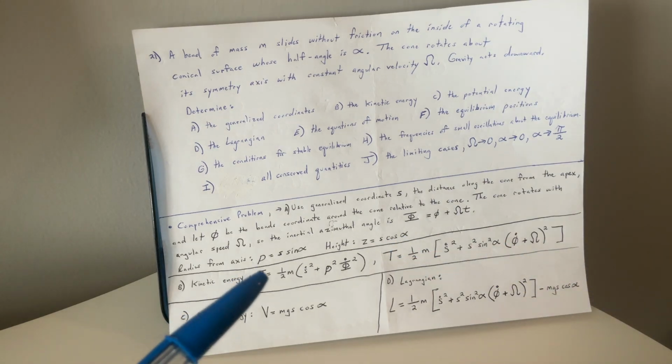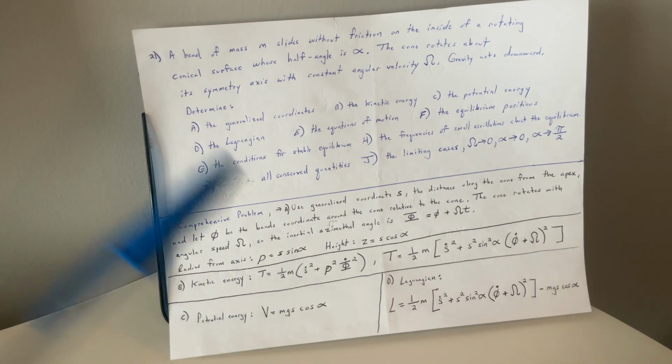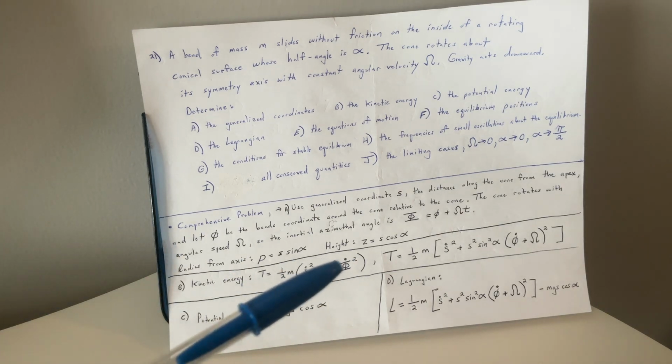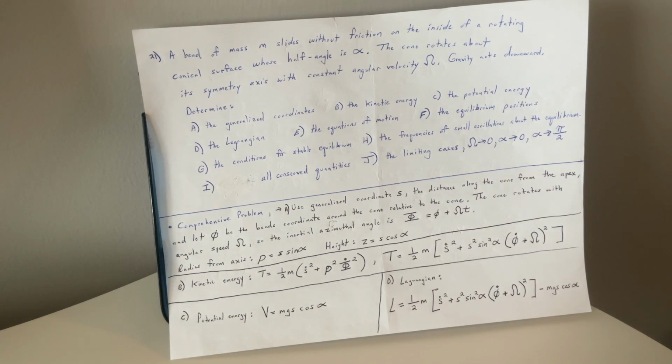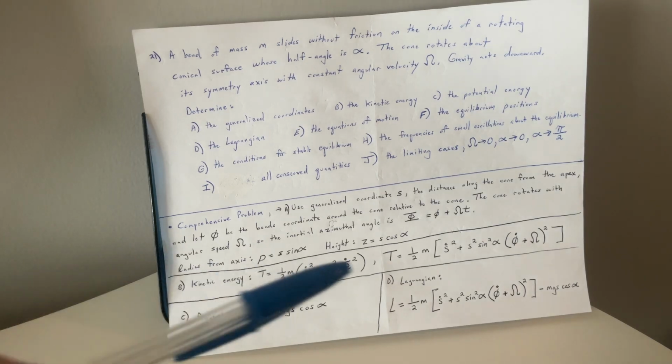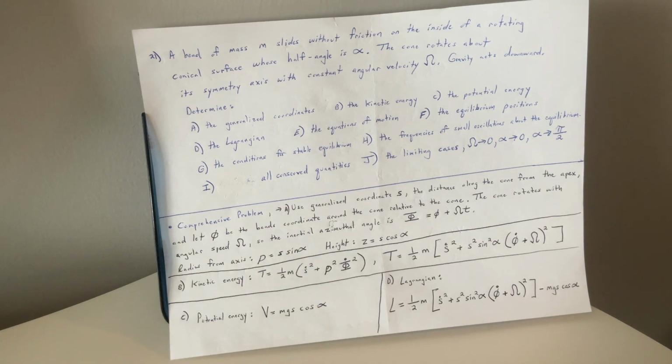For the kinetic energy, T equals 1/2 m times the quantity s dot squared plus rho squared capital Phi dot squared. And so T equals 1/2 m bracket s dot squared plus s squared sine squared alpha times the quantity phi dot plus capital Omega, squared, close bracket.